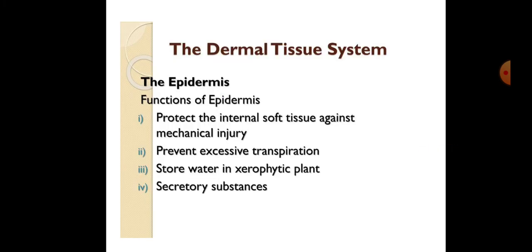Now, this epidermal tissue system has various very important functions in plant life. They protect the internal soft tissue against mechanical injury. It prevents excessive transpiration. It stores water in xerophytic plants, because in xerophytic plants the cuticle is multi-layered and secretory substances are also stored.